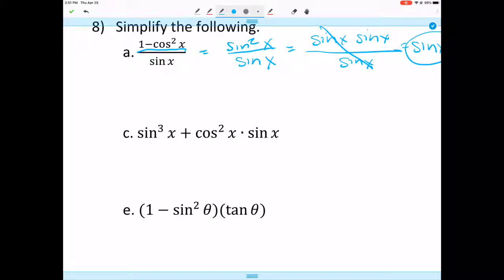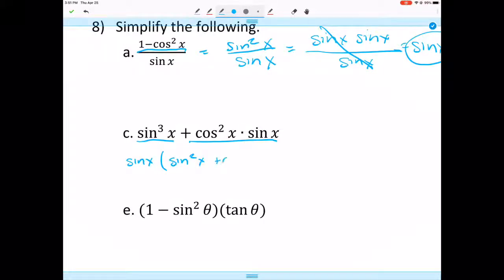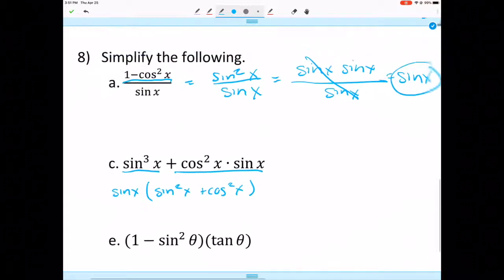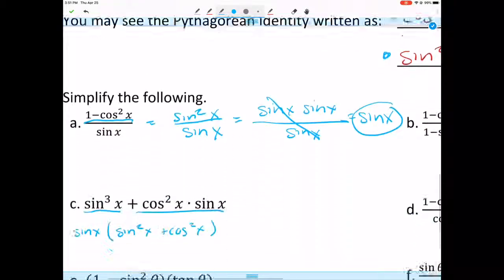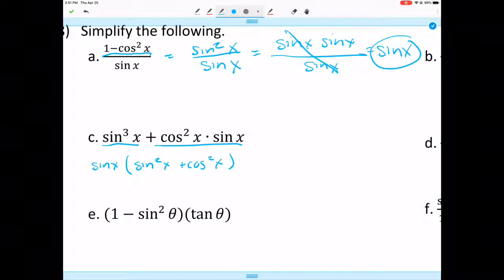Here again, we can look at this problem, and maybe you realized that both this term and this term have a sine of x. So we could factor out the greatest common factor, which is sine of x. That would give us sine of x times sine squared of x plus cosine squared of x. Looking at our Pythagorean identity, sine squared of x plus cosine squared of x is just 1.